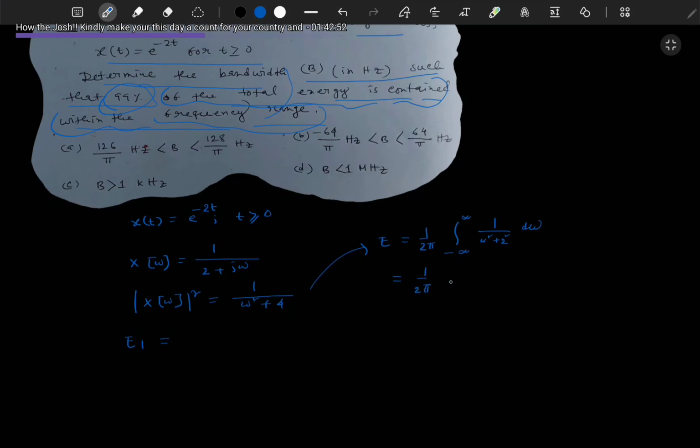It will be 1 by 2 pi into, from the standard result, pi by 2. This 2. So it will be 1 by 4.